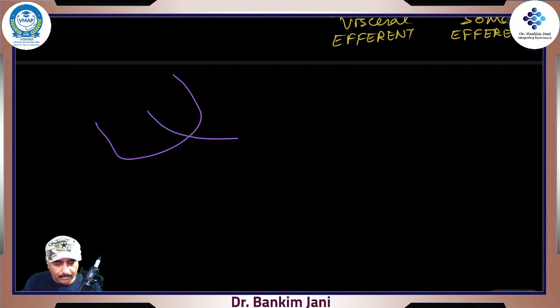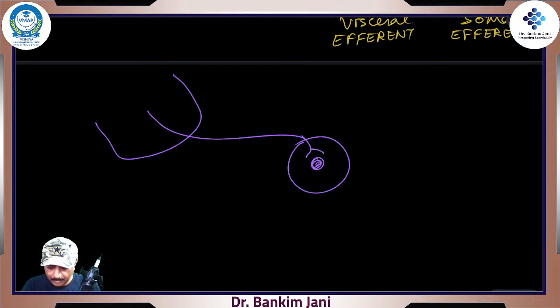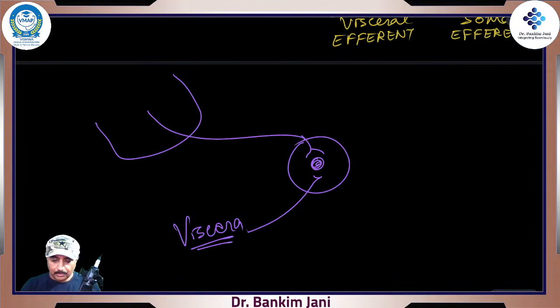From the anterior horn, fibers are coming. That's the sympathetic ganglion. And from here, the fibers are going to viscera. So this is the ganglion, the sympathetic ganglion.